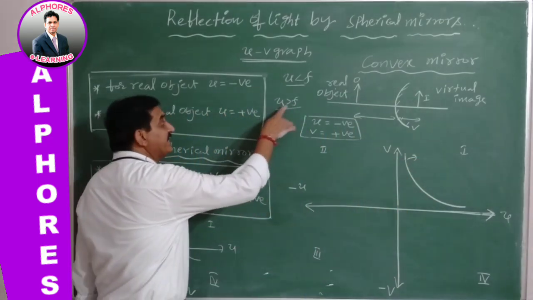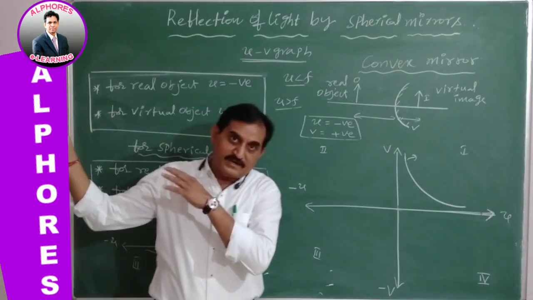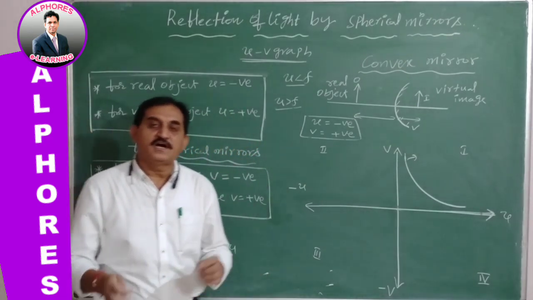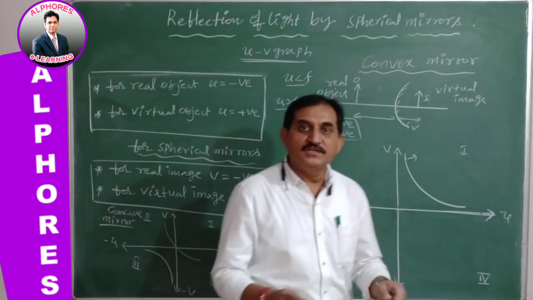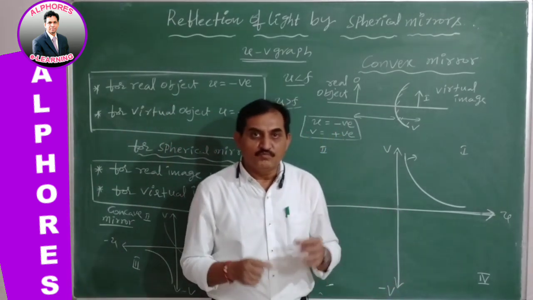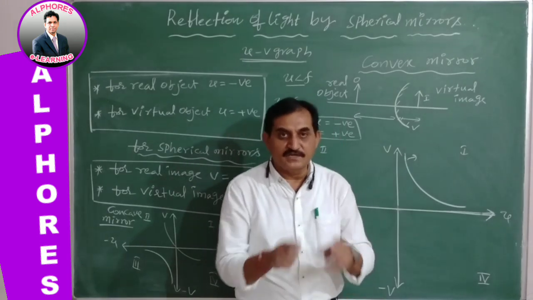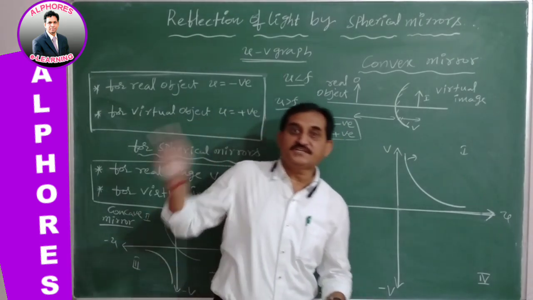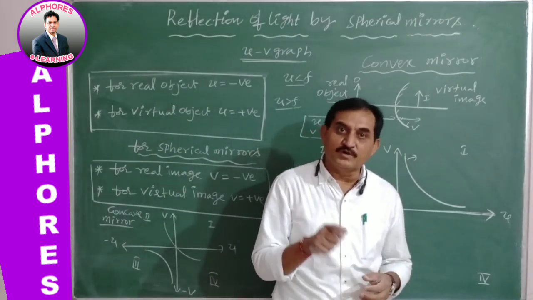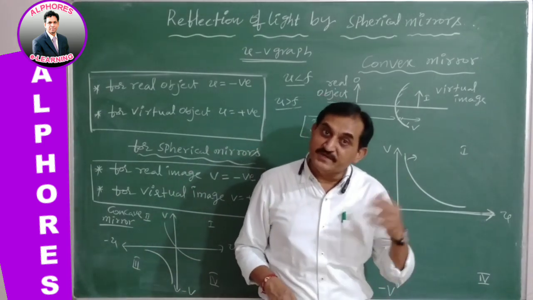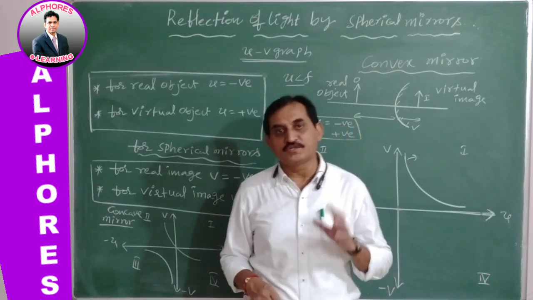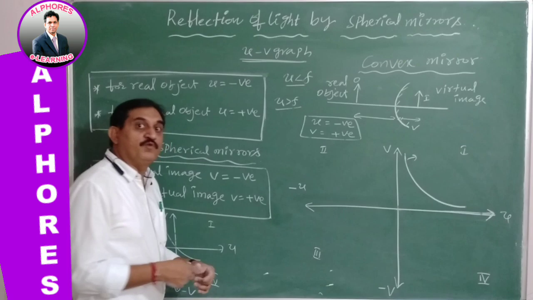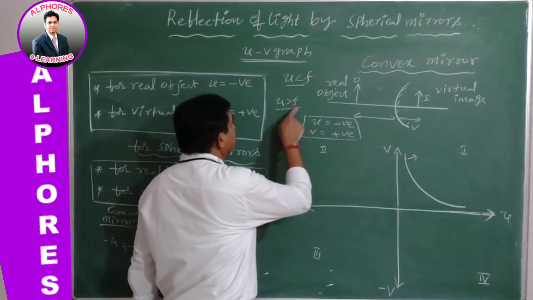When u is greater than f, we already discussed this at the beginning of the spherical mirrors. The convex mirror not only always produces a virtual image for a real object, but when the object is changed, if the object is a virtual object, then it may give a real or a virtual image. So a virtual image is given for a virtual object whenever u is greater than f.